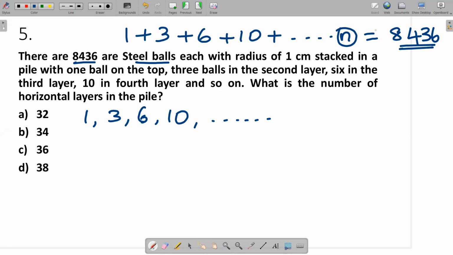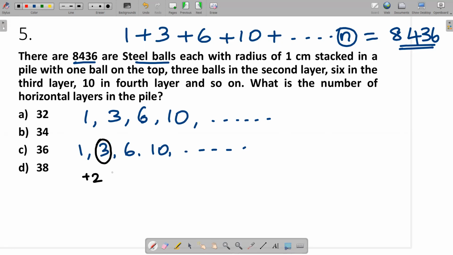Now, how to proceed further? You can observe that here the numbers are 1, 3, 6, 10, and so on. How do we find the logic here? I can see that 1 plus 2 is equal to this 3 here.